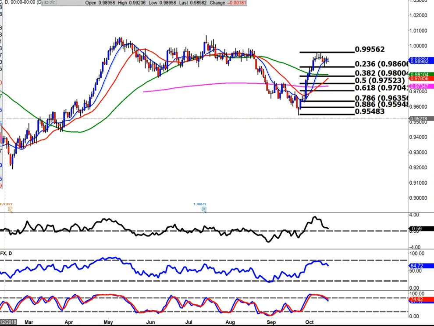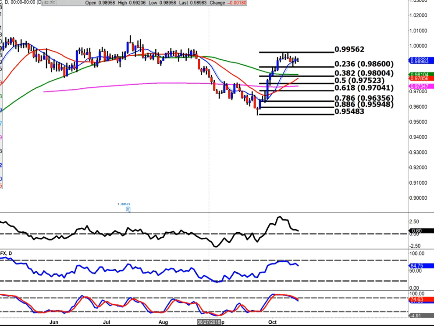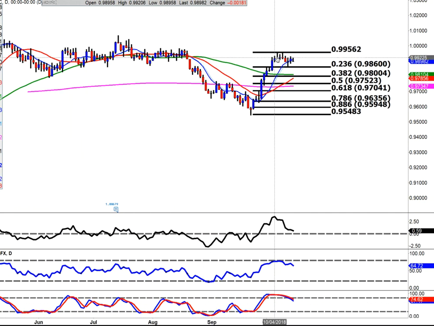Briefly taking a look at dollar Swiss, you can see why I've been short of dollar Swiss. I know it probably hasn't been exceptionally evident why I did it, but I've got this little double top here that showed me it really didn't like it.